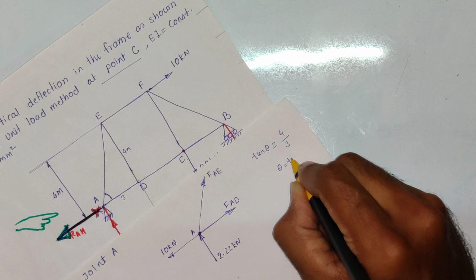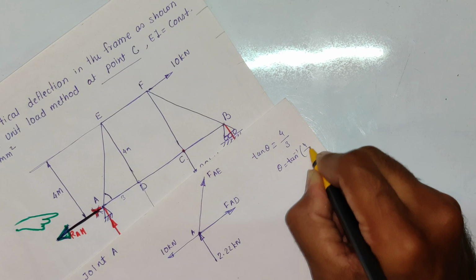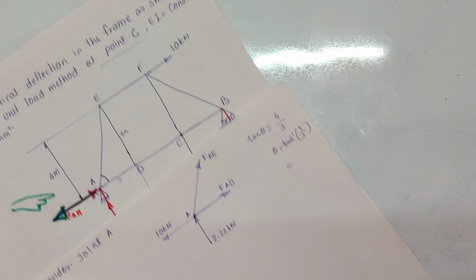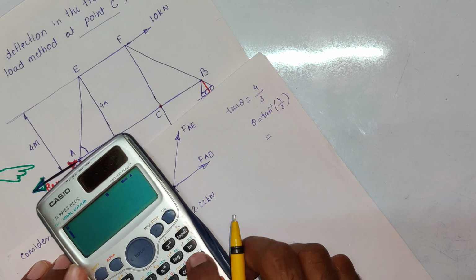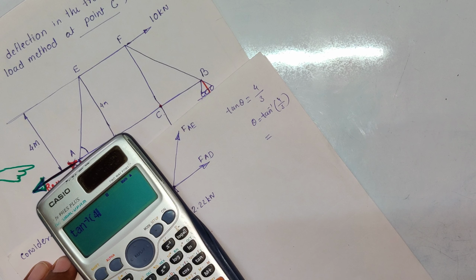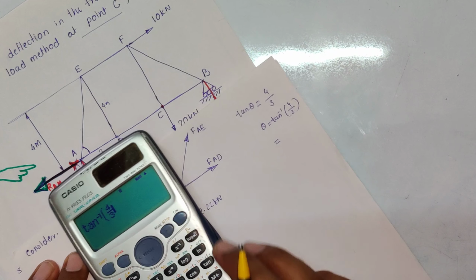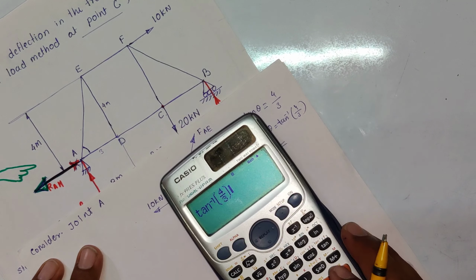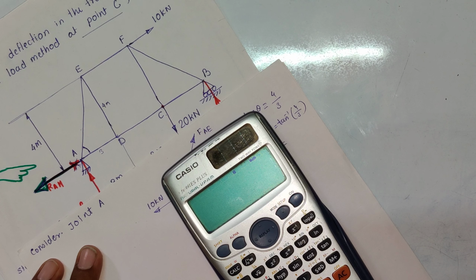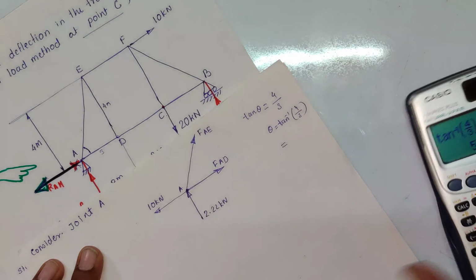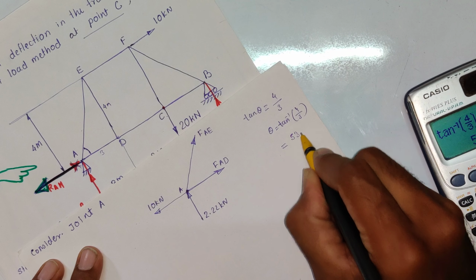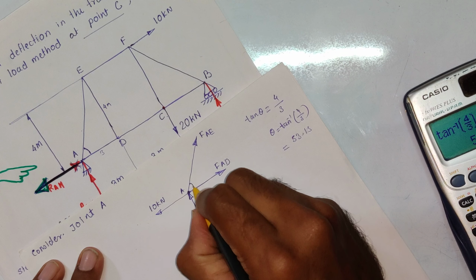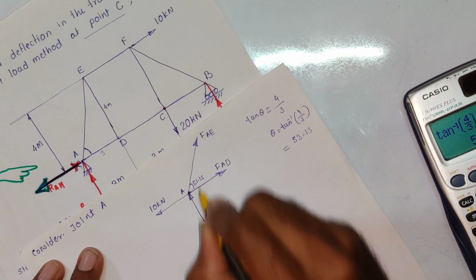So theta is equal to tan inverse of 4 by 3, that is tan inverse of 4 by 3 is 53.13. So this angle is 53.13.